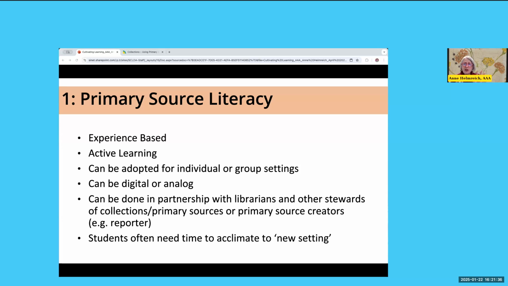You've probably all experienced this: it can be very distracting for them because they're looking around, they have so many questions, they're in a new environment. So I really encourage partnerships, site visits, and field trips, but build in that acclimation to get them oriented, calm down, and ready to engage in that learning. And again, I'm sure you've all experienced this.